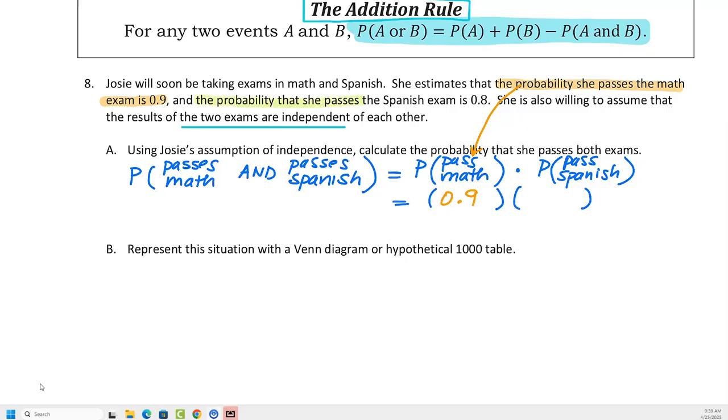The probability that she passes Spanish is 0.8. So that's 0.8. And if I multiply those together, I'm going to get 0.72.